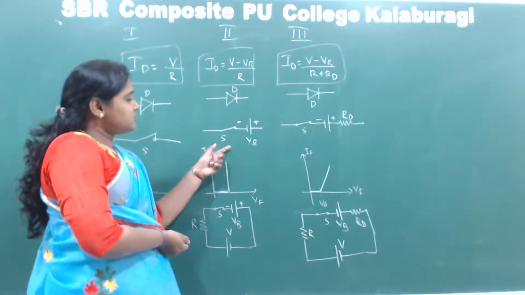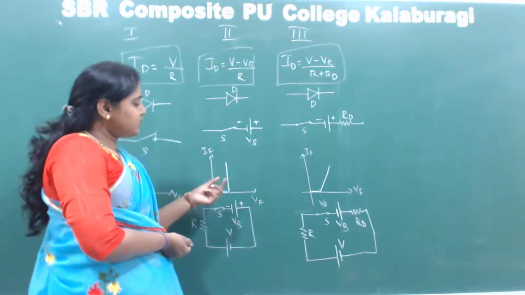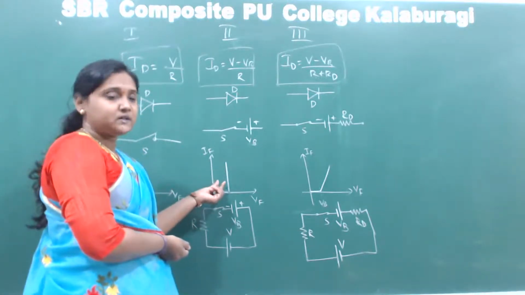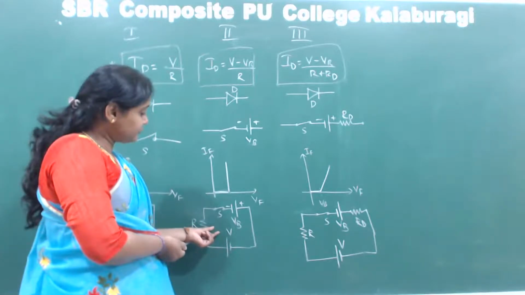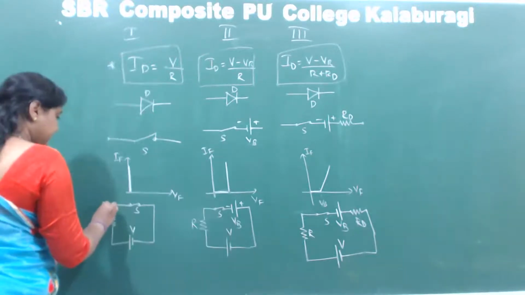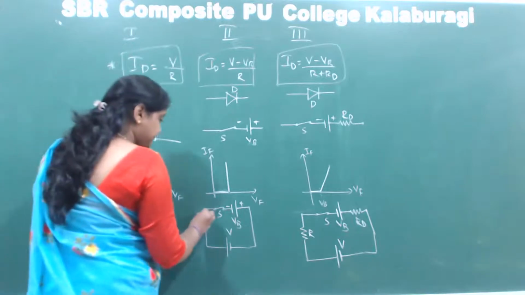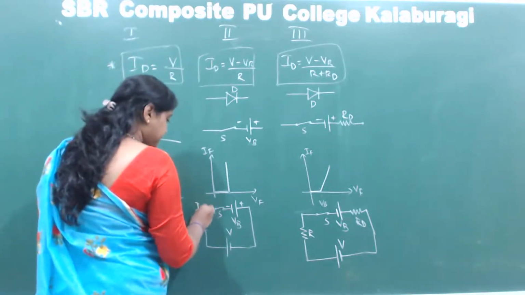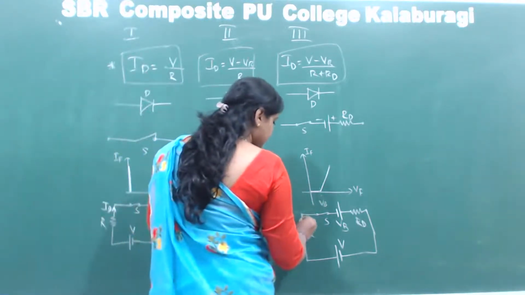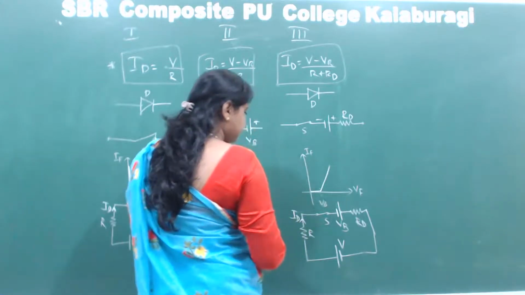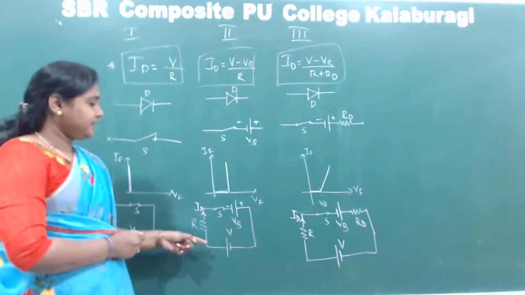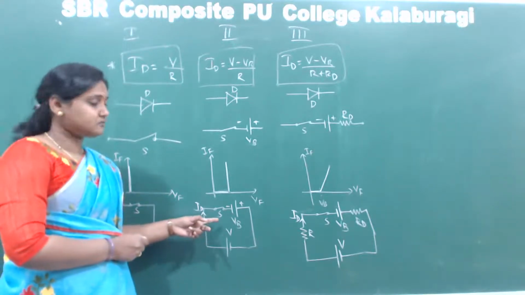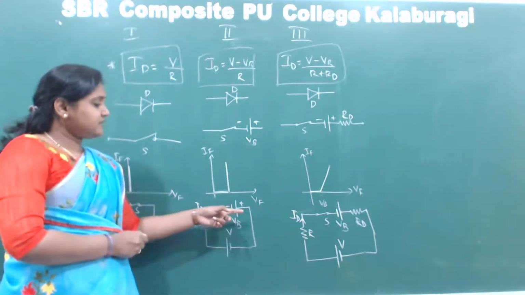Diode is replaced by a switch plus one barrier potential, which can be shown even in the graph, represented in the circuit. And from the circuit, we can write the expression for ID. Okay. ID. Switch plus barrier potential.